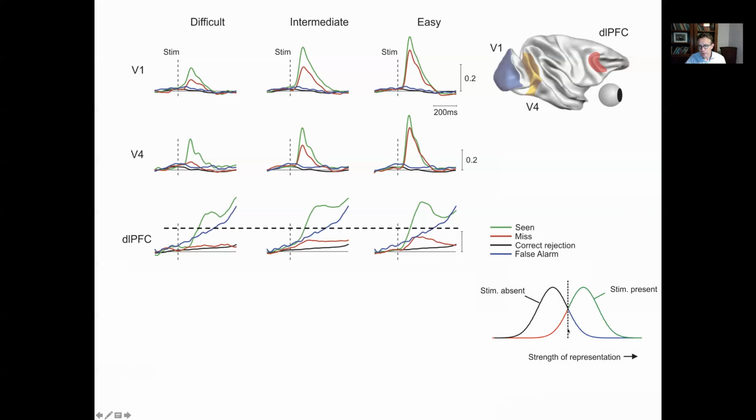If this threshold is not reached on the correct rejections or on the miss trials, then the activity subsides and the monkey reports not seeing the stimulus. So the basic idea is that whether the stimulus will reach conscious awareness is basically reaching a threshold of activity in the frontal cortex.